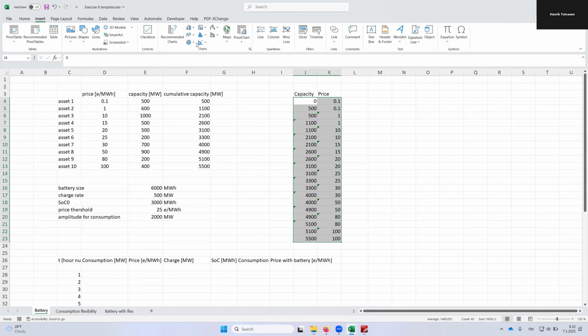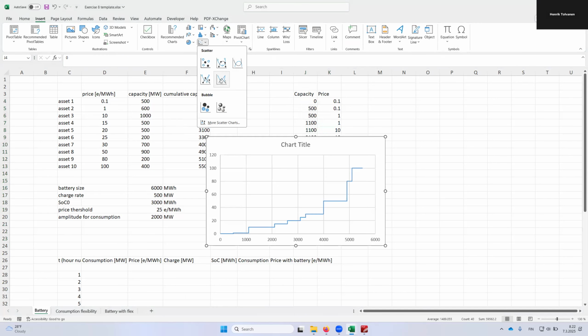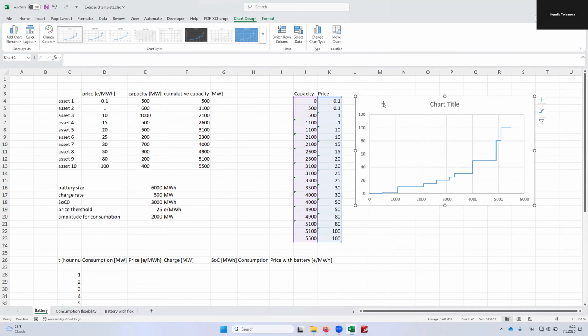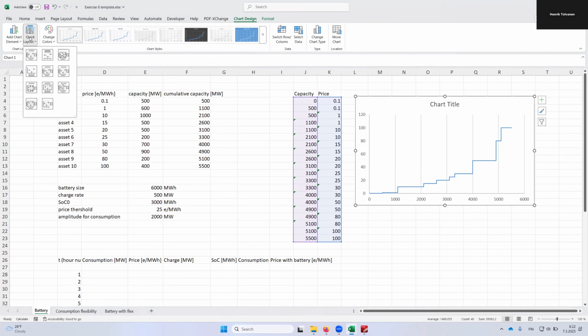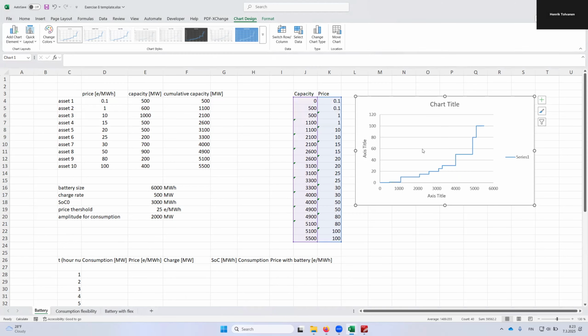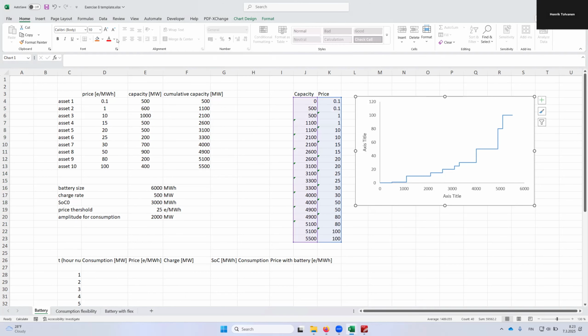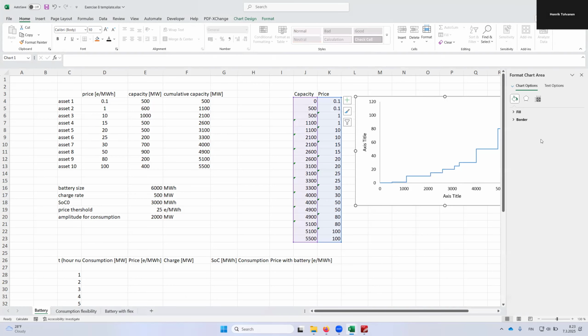So let's go ahead and insert a graph. Yeah, so now we have the merit order curve in here. So actually, let's put the axes in there. From chart design, you can use this quick layout to get the axes. Remember, if you're going to attach these to some scientific writing, you're always going to have figure captions, so you don't need any titles in here.